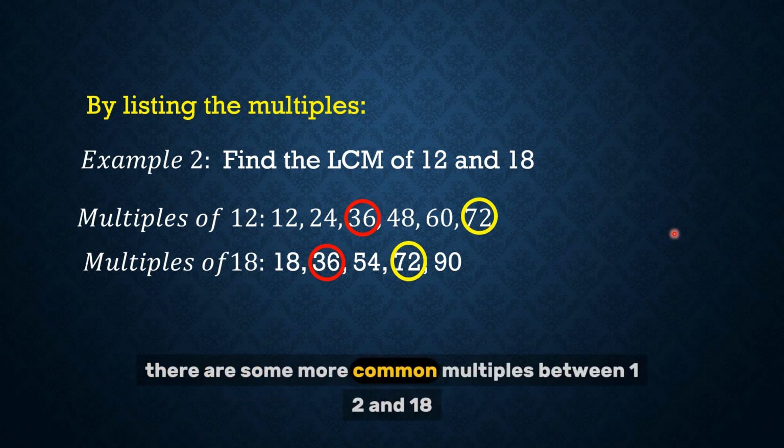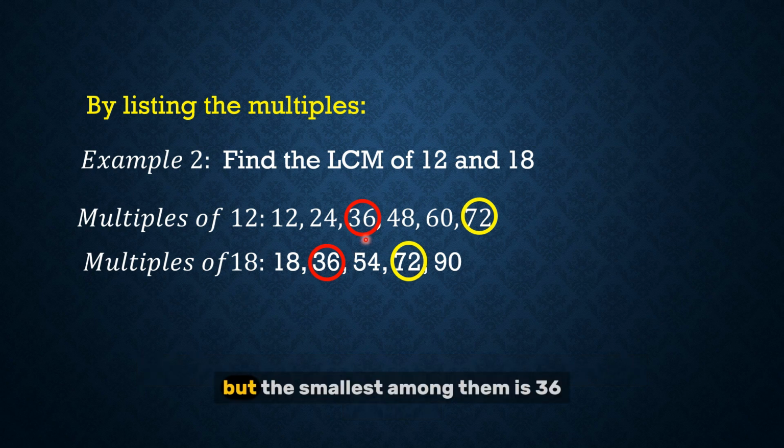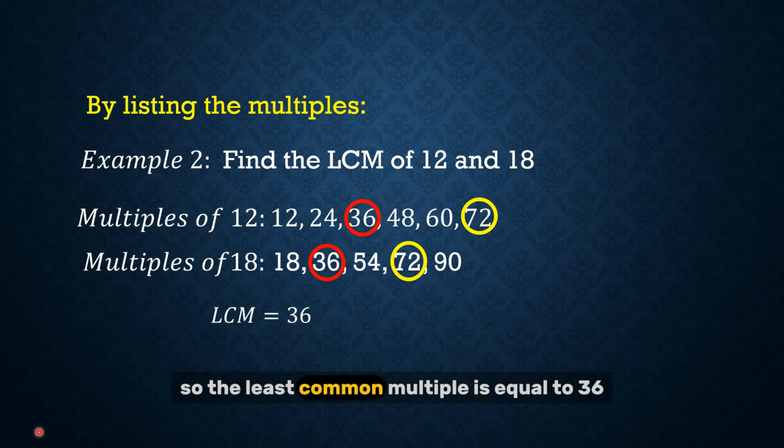There are some more common multiples between 12 and 18, but the smallest among them is 36. So the least common multiple is equal to 36.